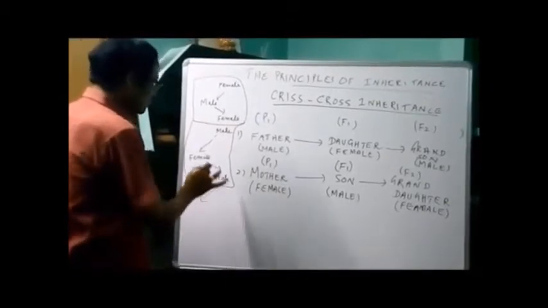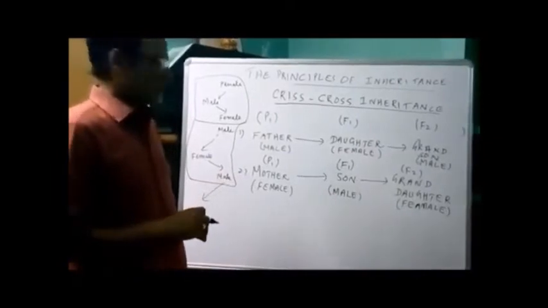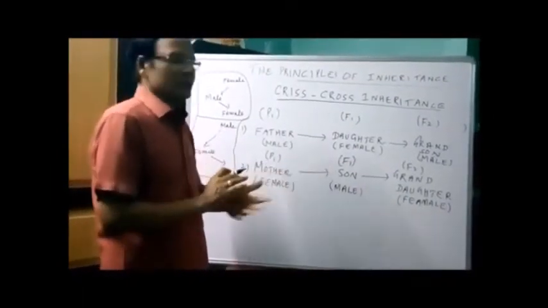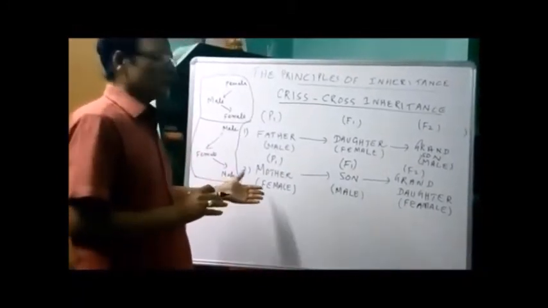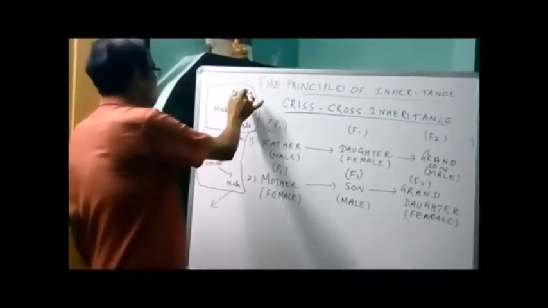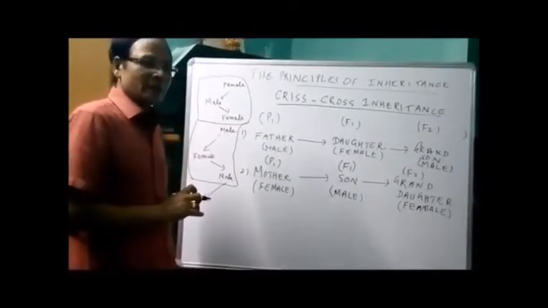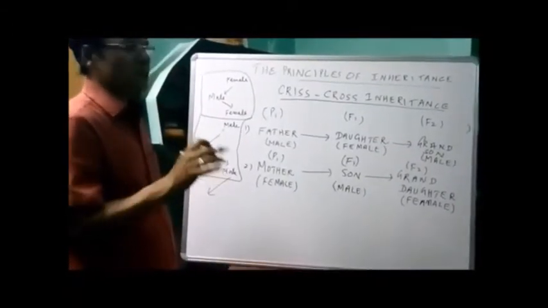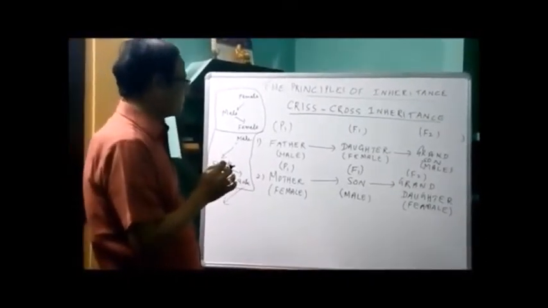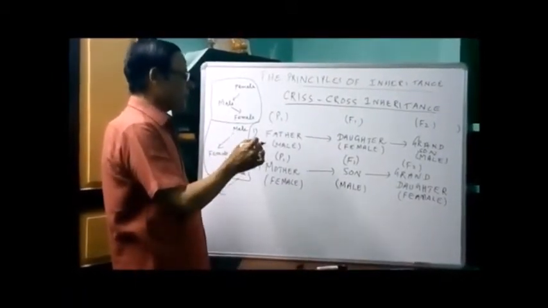Likewise, the character is transmitted from mother to granddaughter via the F1 son, that is, the transmission of characters from female to female via male. See that: female, male and female. So this is taking place in a zigzag manner, and this is called crisscross inheritance. Crisscross means zigzag: transmission of sex-linked characters from male to male via female, or from female to female via male.